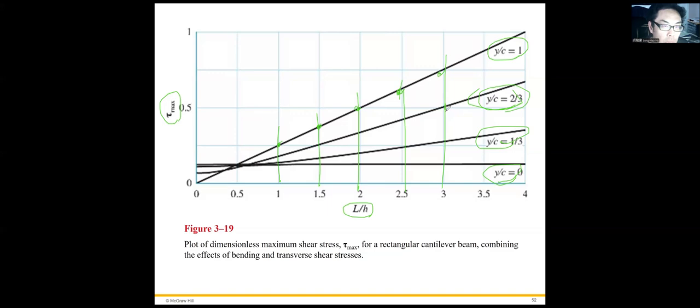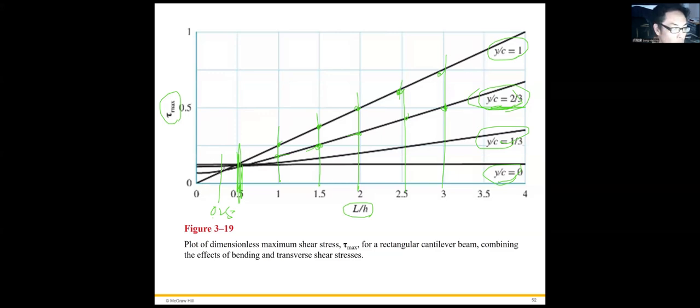Even somewhere within this beam. So what does this information tell us? If this ratio, L over h, reaches the critical point, say 0.5, versus, suppose we have the ratio 0.25, the situation is different.